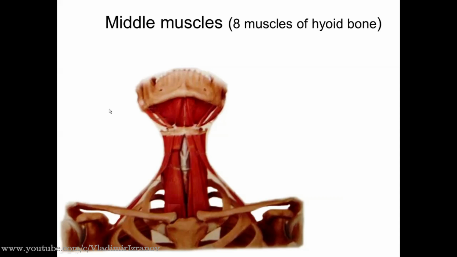And now we can see only the muscles of the middle group which are connected with the hyoid bone. This is the hyoid bone. Some muscles are located above this bone, and some muscles, namely 4 muscles, below the hyoid bone.